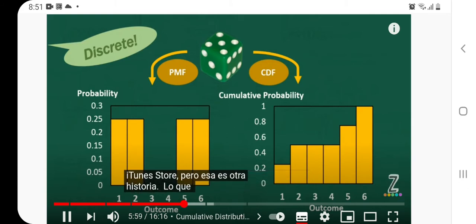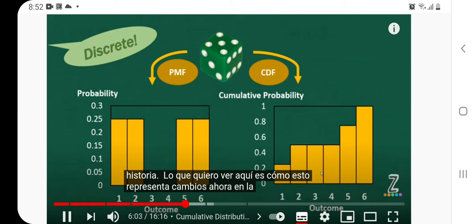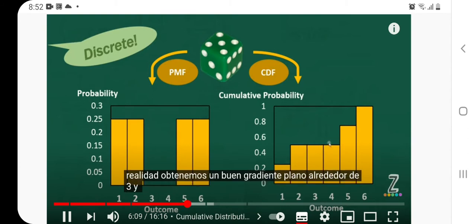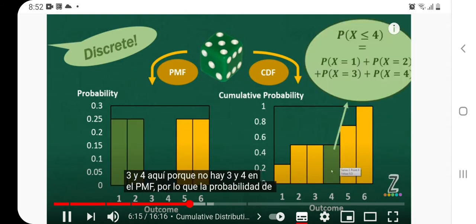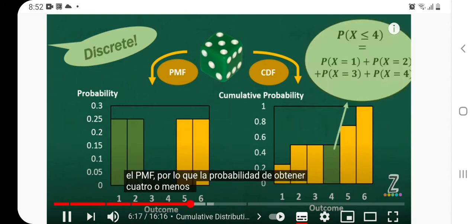But that's another story. What I want to look at here is how this represents changes now in the cumulative probability. So you can see that we actually get a nice flat gradient around 3 and 4 here because there is no 3 and 4 in the PMF. So the probability of getting 4 or less is going to be the same as the probability of getting 2 or less.